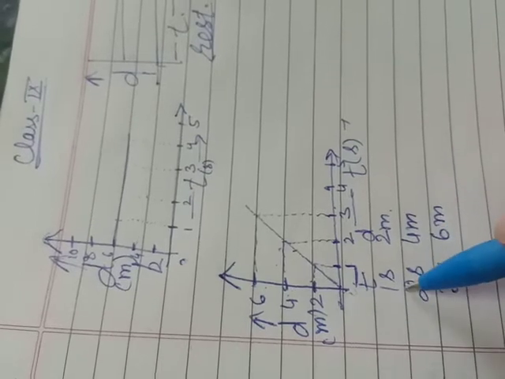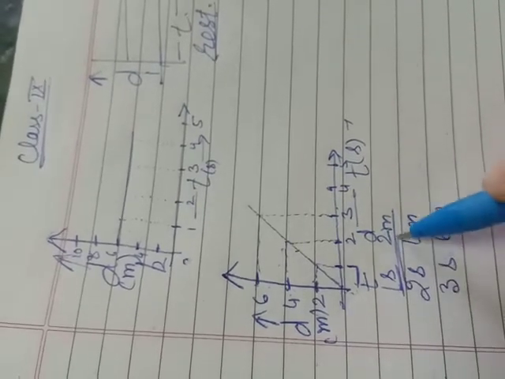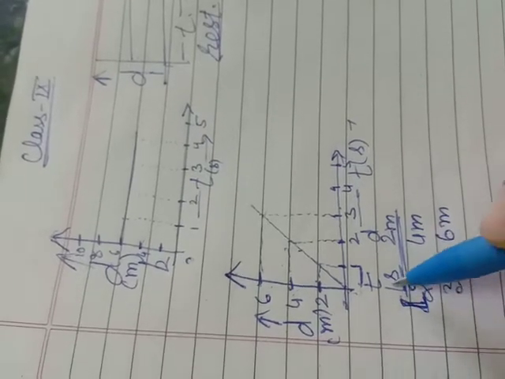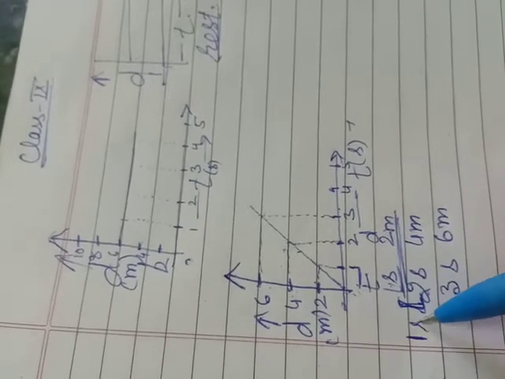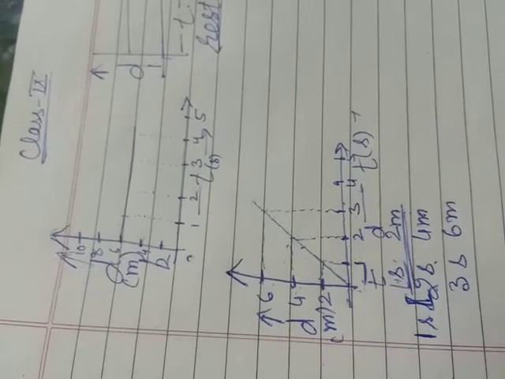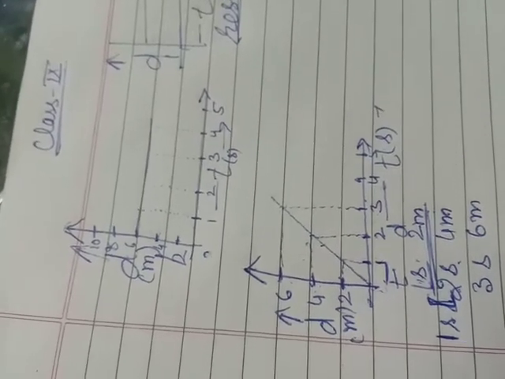Now see what is happening. In 1 second it has traveled a distance of 2 meters. In the next 1 second, from 1 to 2 seconds, the object started from 2 meters and goes up to 4 meters.